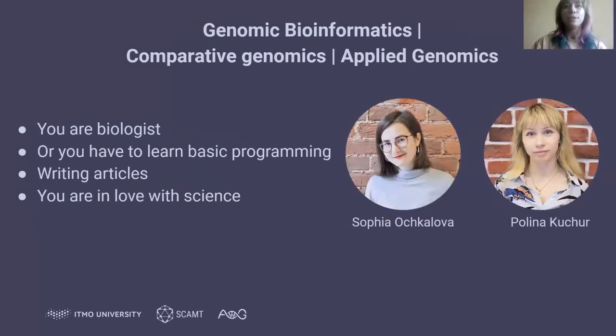The next group of projects is genomic bioinformatics and comparative genomics. This is the best direction if you are a biologist and would like to study interactions between organisms or their evolution, and if you like to write articles and you are absolutely in love with science.